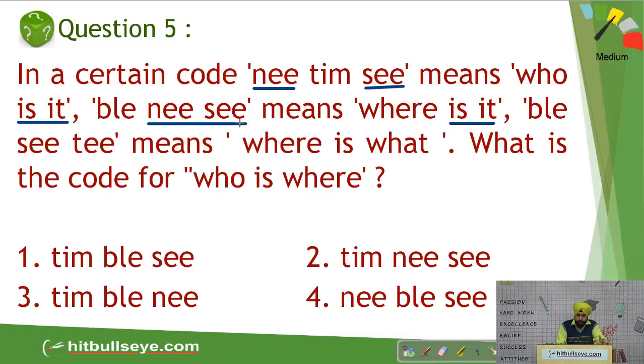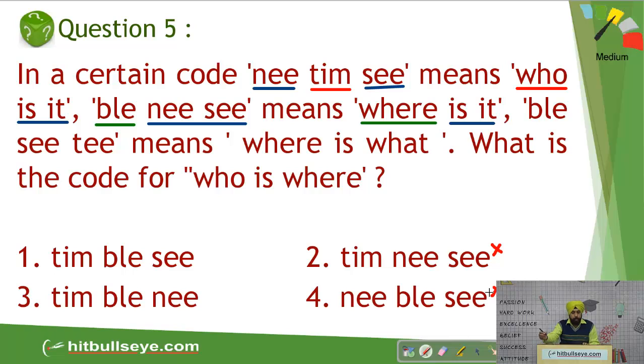So that means the code for the word where will become this, and the code for the word who will be this. Your question is who is where. So you already know the code has to have TIM and Blee. So that means options number 2 and 4 are rejected. Now we are left with 1 and 3.